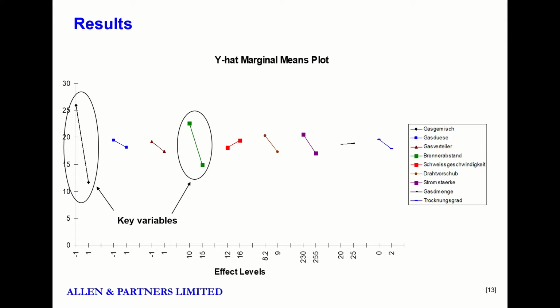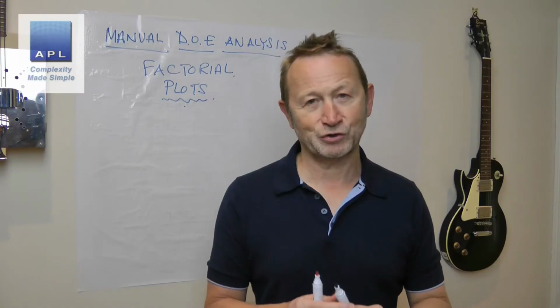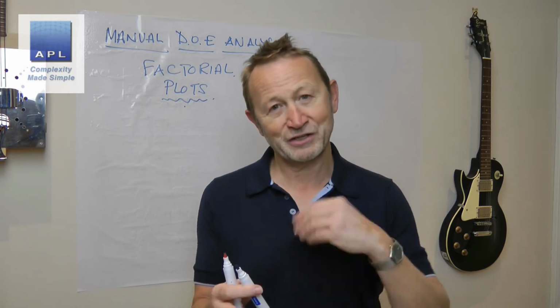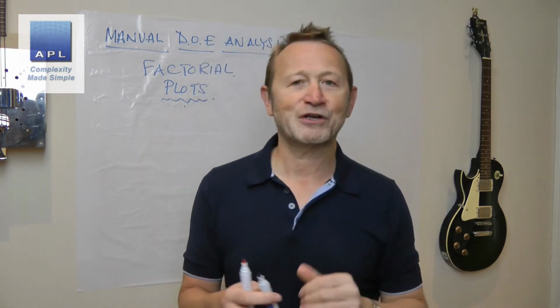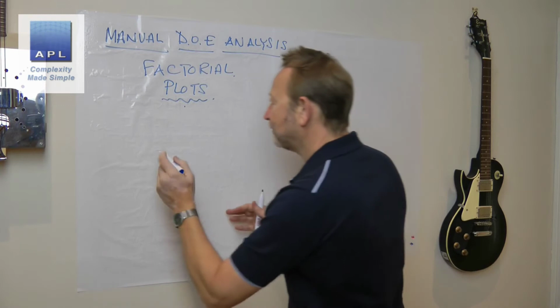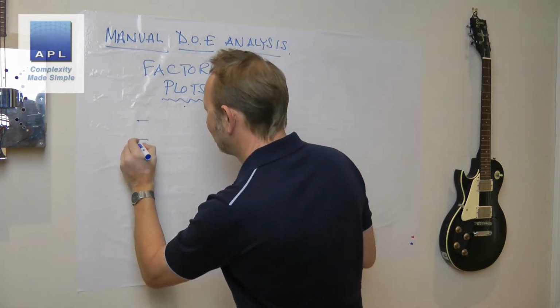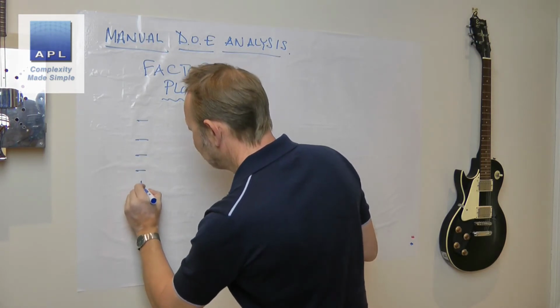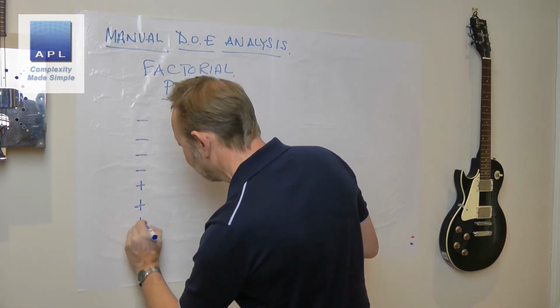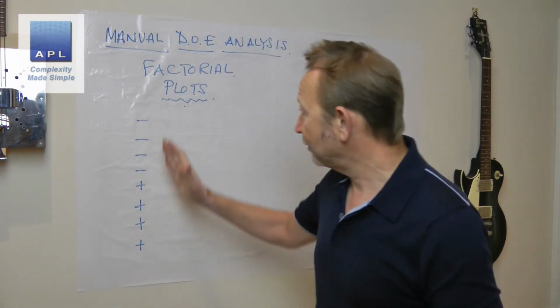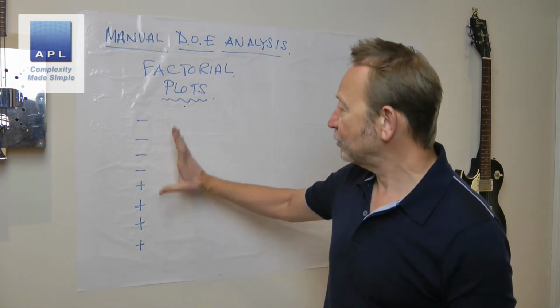The question that I was sent was, okay, how did you analyze that? Where did those graphs come from? Where does the marginal means graph come from? So let me show you how a DOE is set up and then how the graphs are created. In the first column of the DOE, and this was a Taguchi L12, and certainly in the software that I use, DOE Pro, whenever I set a DOE up, the first column is always like this.